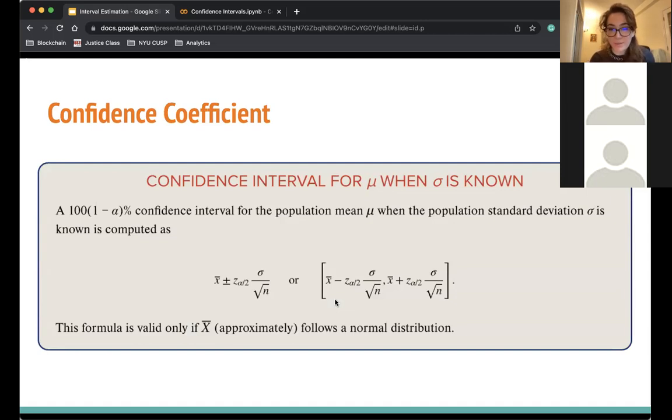So this is the formula in all its glory when we're talking about confidence intervals. In this notation, we have the value of Z, and we take alpha, the margin of error, and divide it by 2 to account for both upper and lower tails.